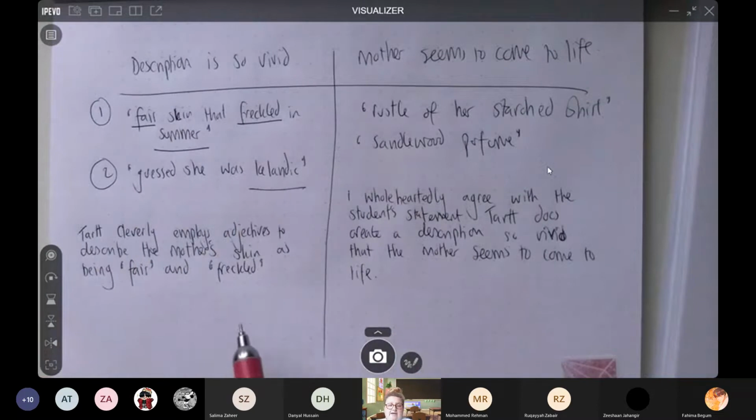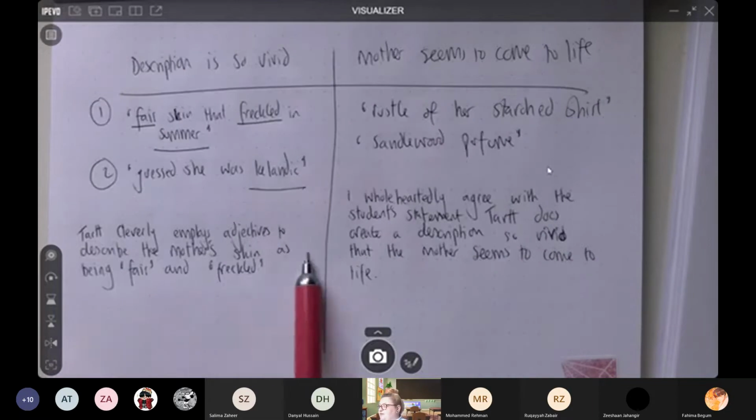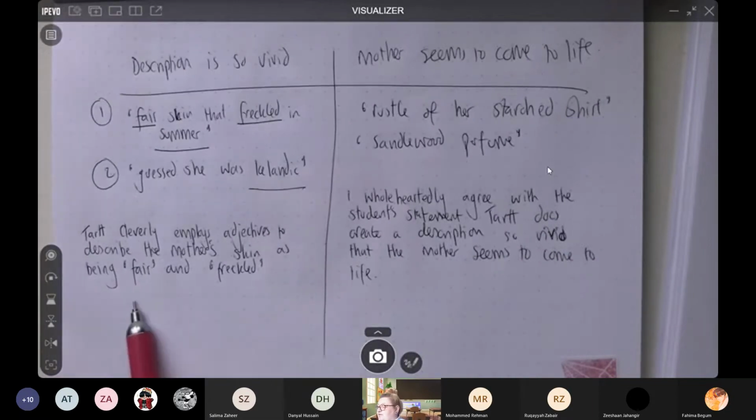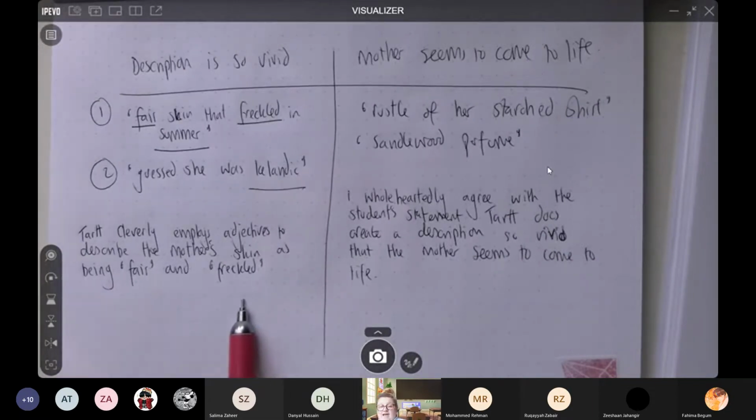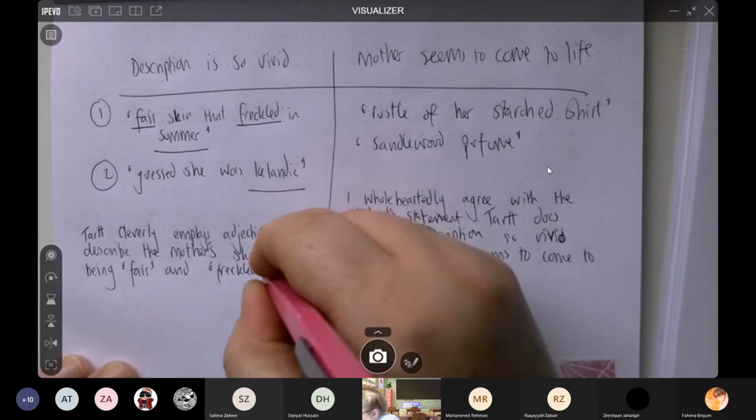And you can see here that I've used embedded quotations that's going to allow me to come back and analyse the keywords. By using those embedded quotations, I'm also showing the examiner that I know how an embedded quotation works. So, Tart cleverly employs adjectives to describe the mother's skin as being fair and freckled.